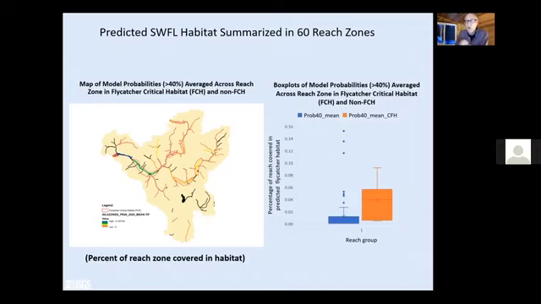So the orange group is your critical flycatcher habitat, those 7 reaches that you can see delineated. We compare the values that we found in those reaches compared to all the remaining reaches out there. And you can see there's a very large difference, much more area covered in predicted flycatcher habitat in the control group.